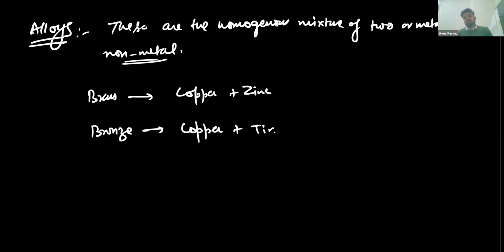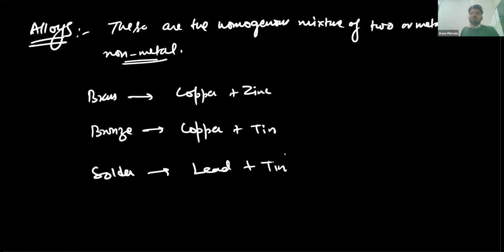Bronze is an alloy of copper and tin. Similarly, solder is an alloy of lead and tin. So they are different alloys.